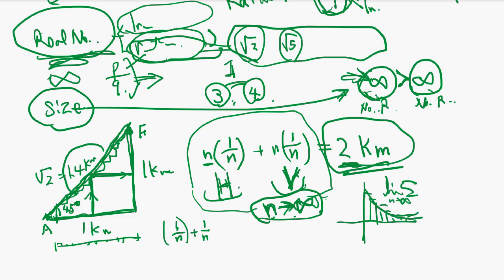You have to calculate this, see if it converges to some number. This converged to 2 kilometers. So this ant, no matter how big the n is, he's still walking 2 kilometers. Okay? So that's the kind of thing about infinity.